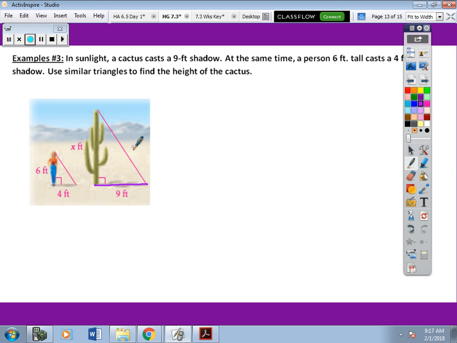Okay? Now, why would these triangles be similar? This is at the same time of day that they're standing outside. Why would these triangles be similar?